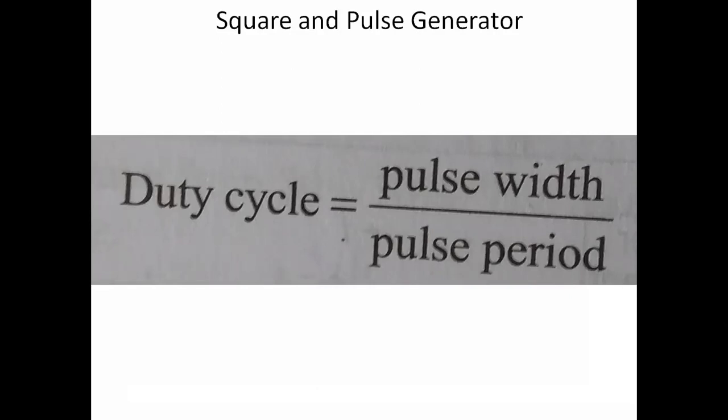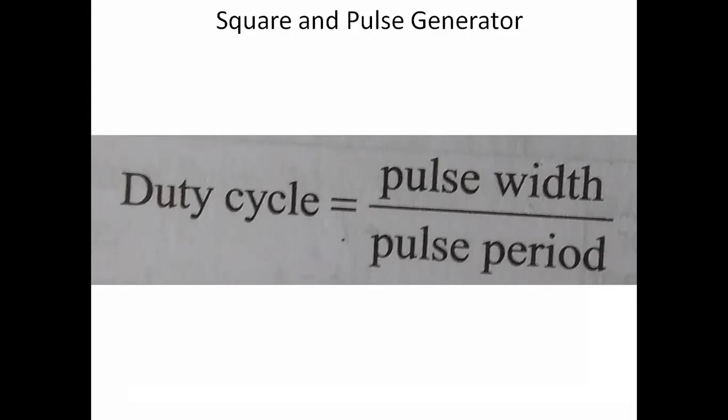It means the rising time and the falling time of this square wave are the same, that is 50%. To get different pulse waveforms with different duty cycles, we can use this pulse generator.